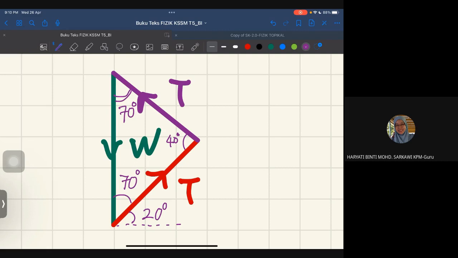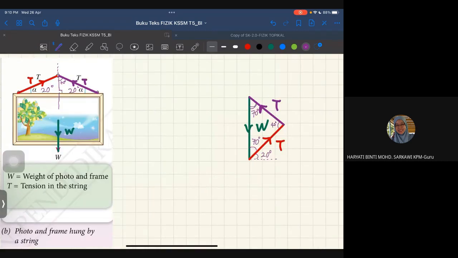Boleh? So if let's say I want the second force to be the purple T, how will my diagram look like? So I draw W first. W. The purple T I need to draw behind here.